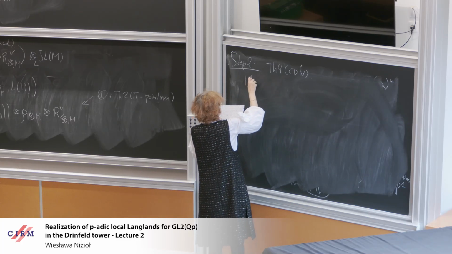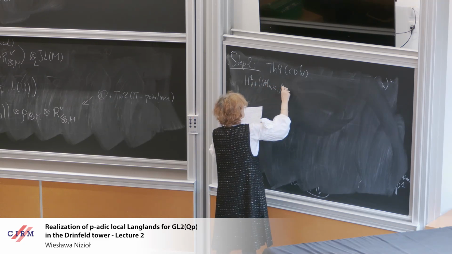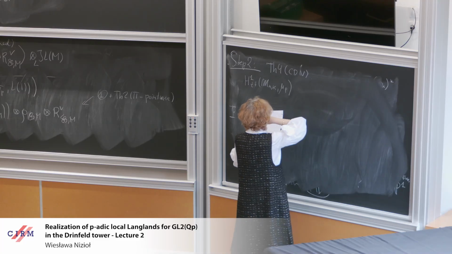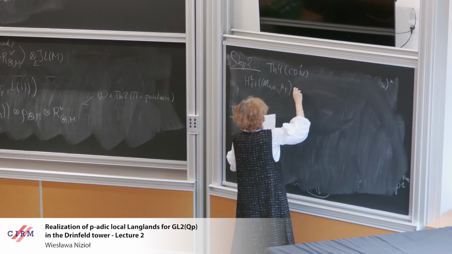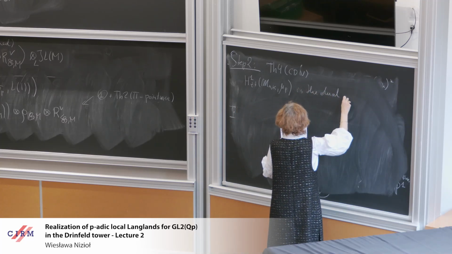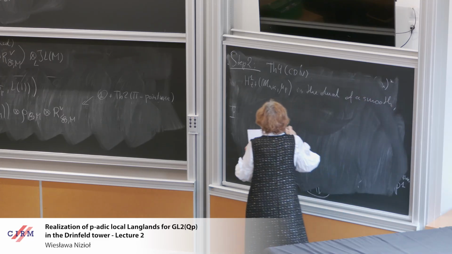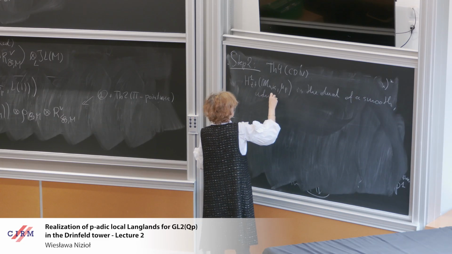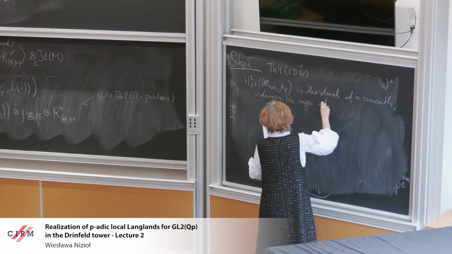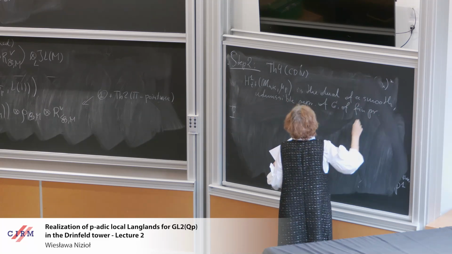We prove that if you look at mod p cohomology, so mu p, so actually you are looking at, yeah, the dual of a smooth admissible representation of G of finite presentation.